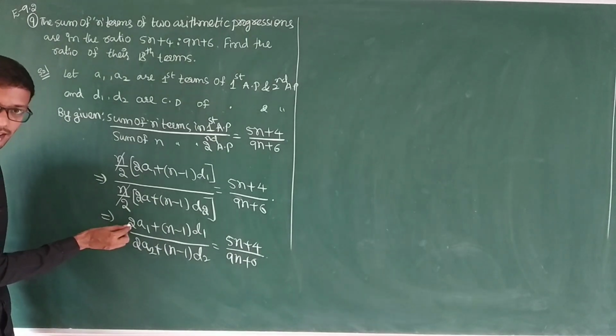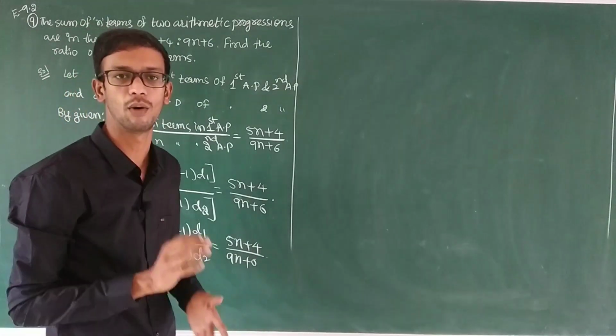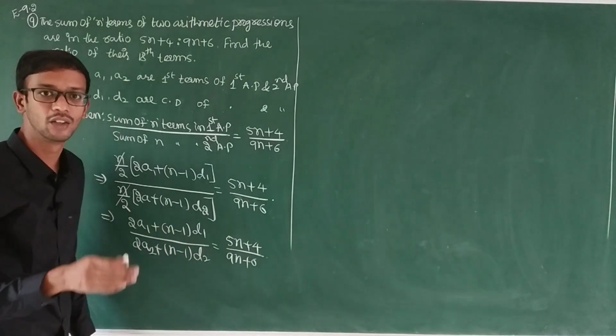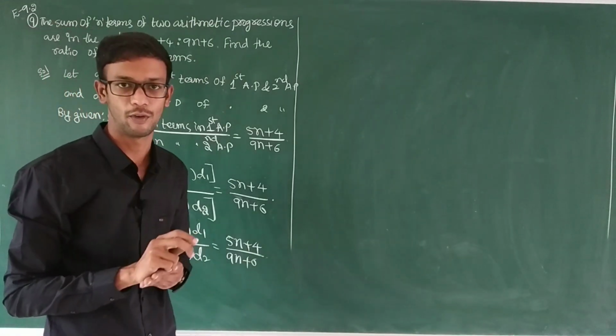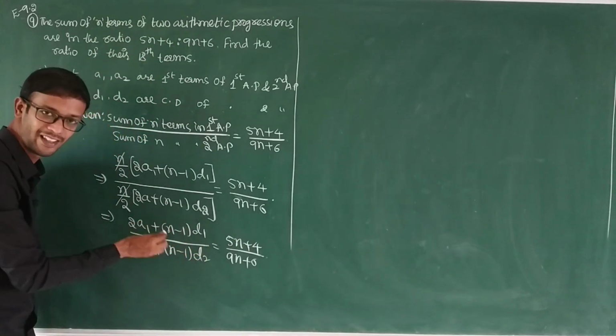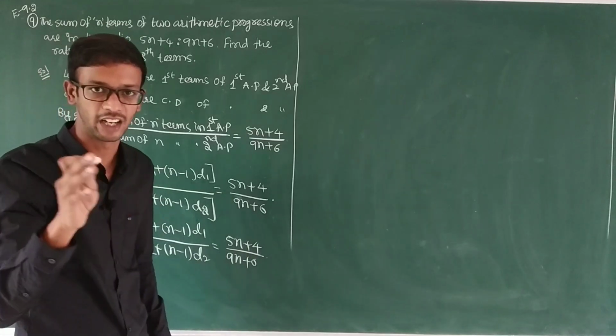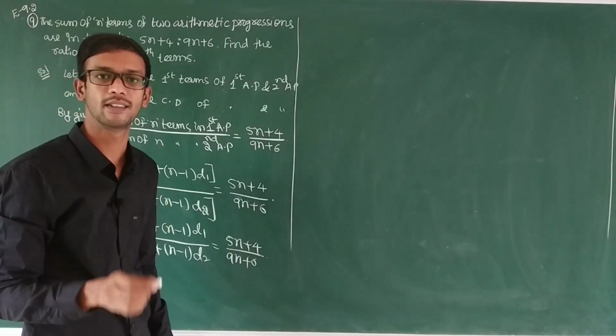Already 2 is there here. 17 into 2 is 34. You have to get 34 here, for the 18th term, a plus 17d. 17 into 2 is 34.